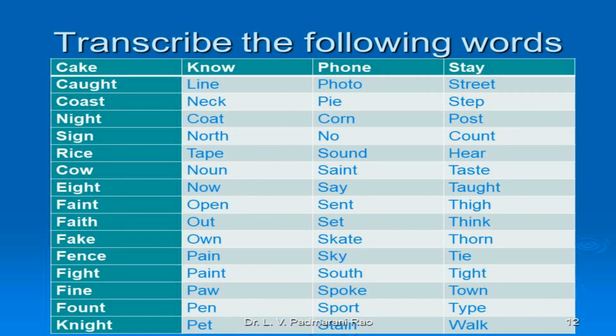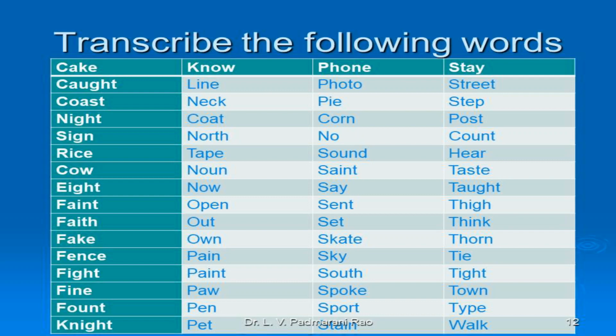Now let us do the examples. These are the words that I have given to you. I'll be just pronouncing them. I want you to practice the transcription part of it. If you have any doubt, you can ask me, or I advise you to keep a good Oxford Learning Dictionary with you. A good Oxford Learning Dictionary will give you the words.